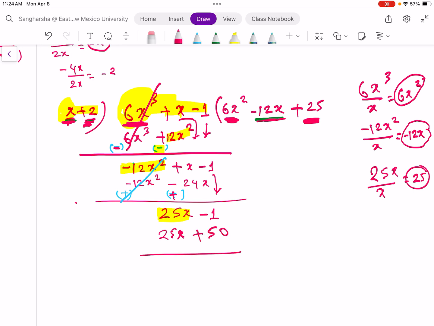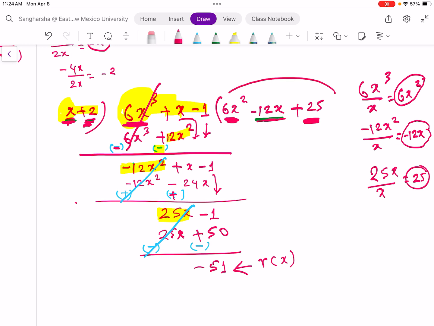We change sign, so 25x becomes negative and 50 becomes negative. This is 0. Negative 1 minus 50 is negative 51. And this negative 51 is our remainder r of x.